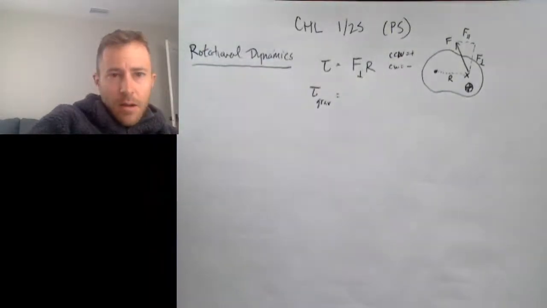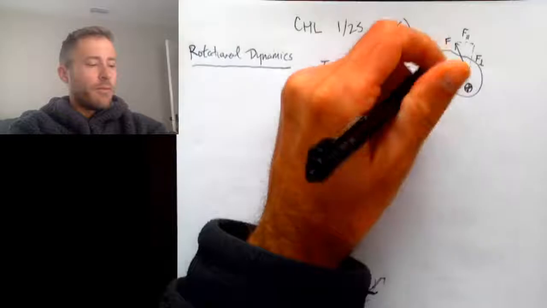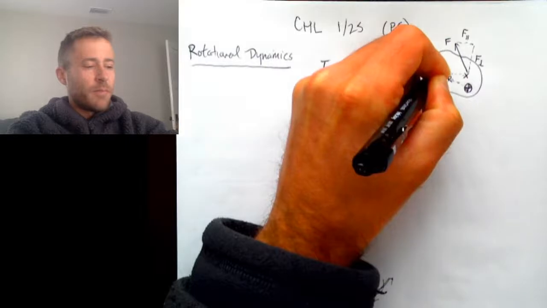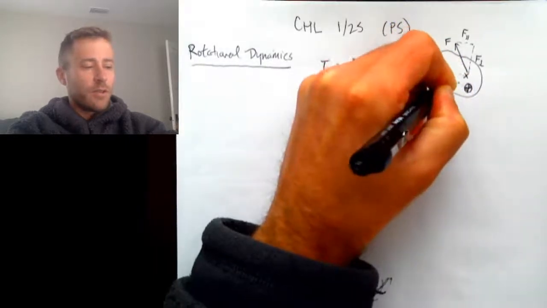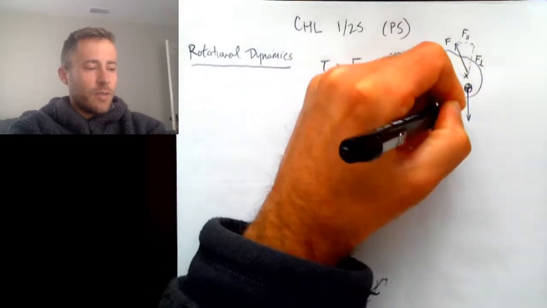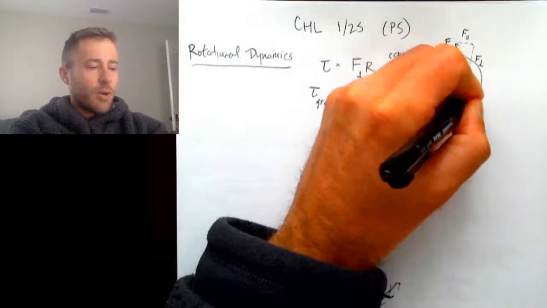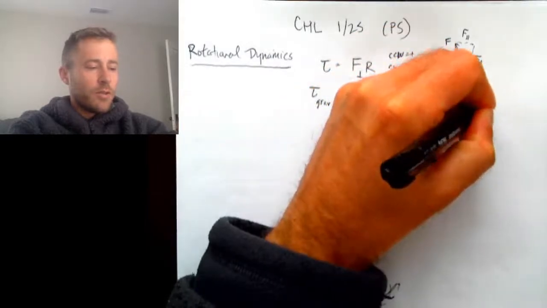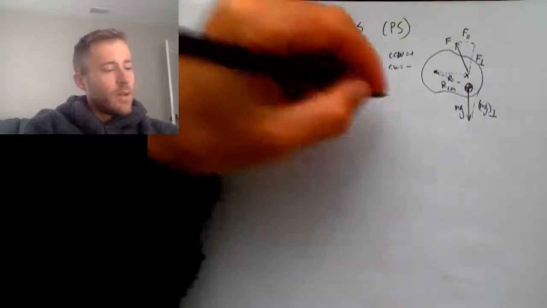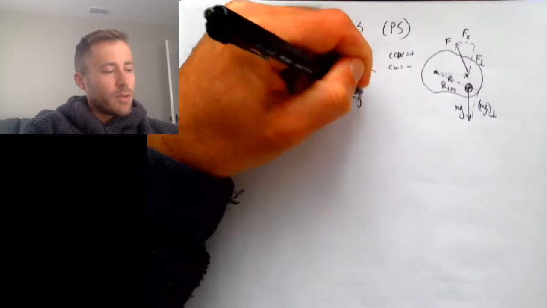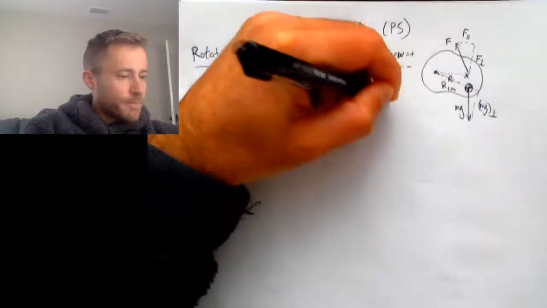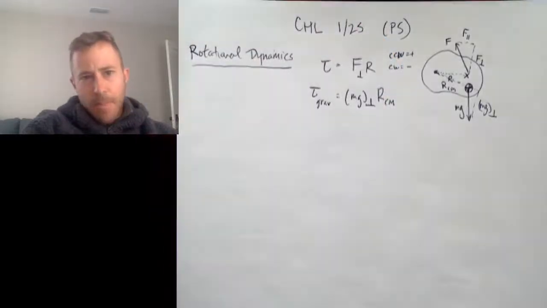You draw a line from the pivot point to the center of mass, which I called RCM. And then the weight force is mg. Part of that weight force is perpendicular to the line connecting the center of mass to the pivot point. And so the torque due to gravity is the perpendicular component of mg times RCM.